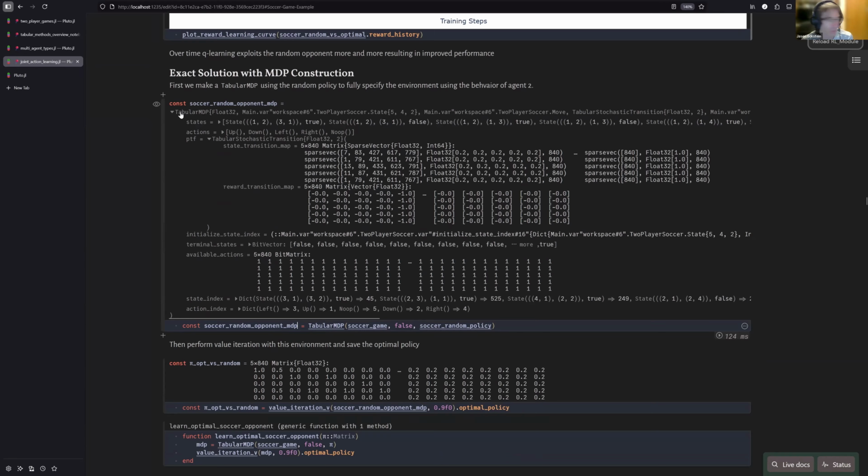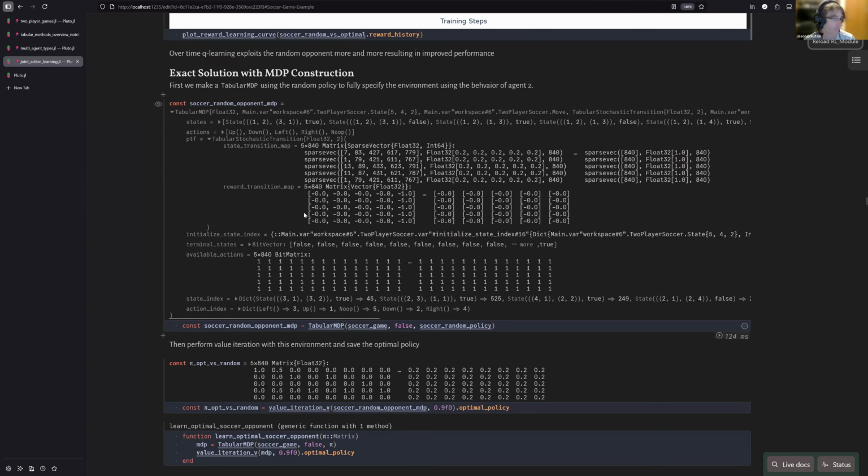Now this is a tabular Markov decision process where the random policy fills in the missing information about the other agent. Normally in the soccer game, all the transitions would be either deterministic, or there'd be a probability of 0.5 for the coin flip when the players collide.